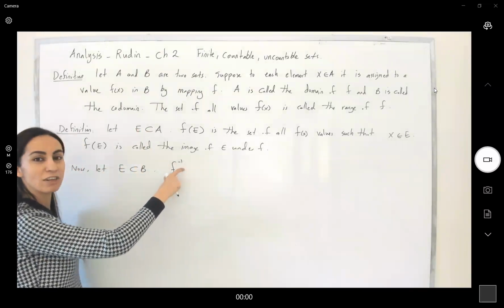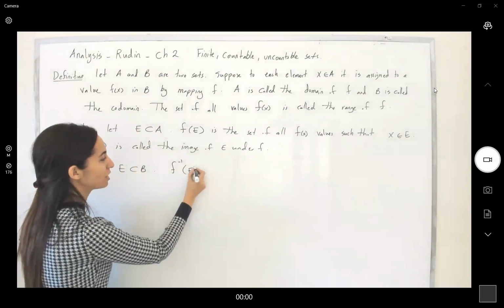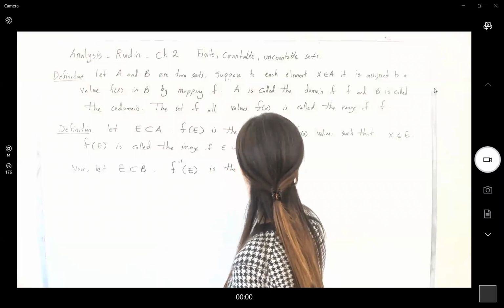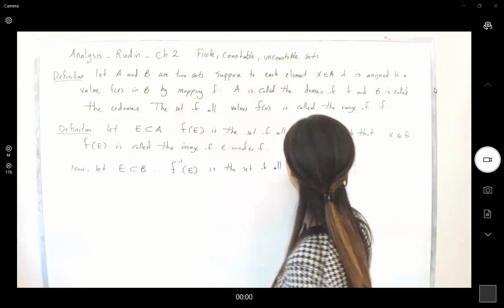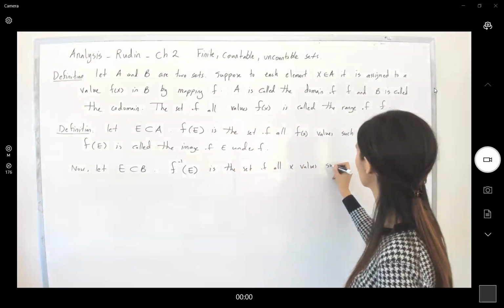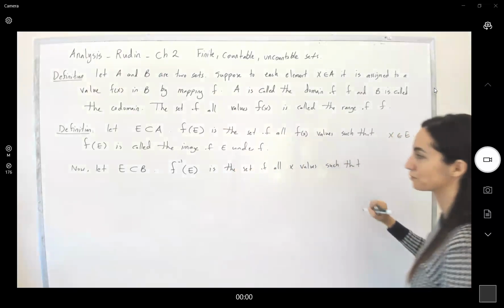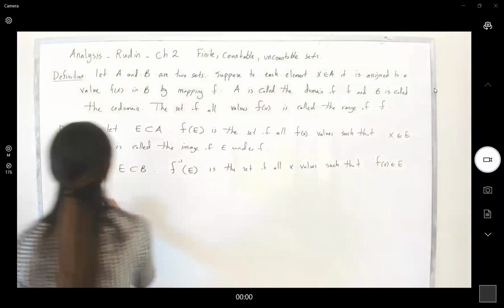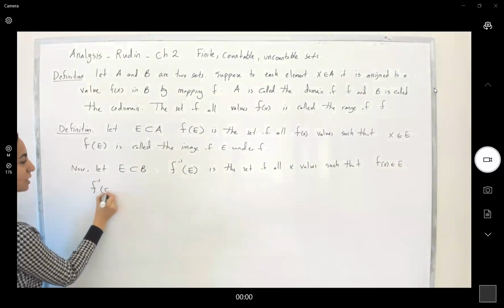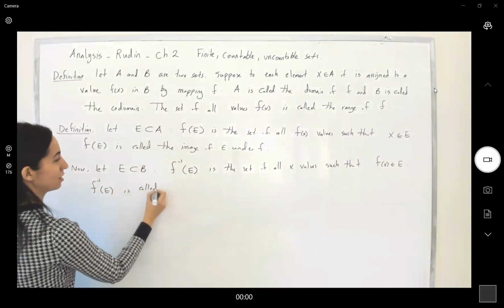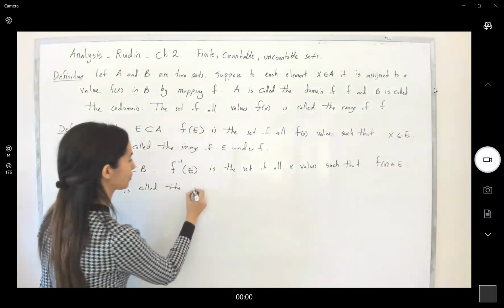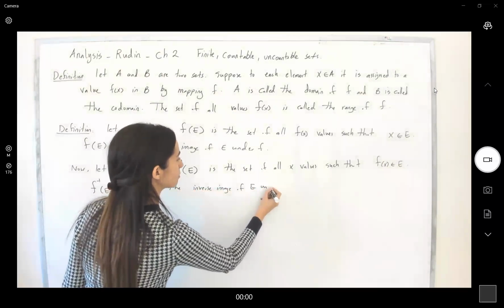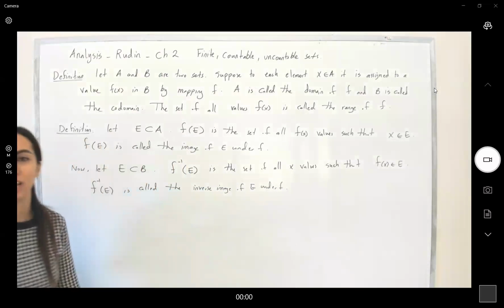We call it the inverse image of set E, and it is the set of all x values such that f of x belongs to E. So this new set is called the inverse image of E under function f.